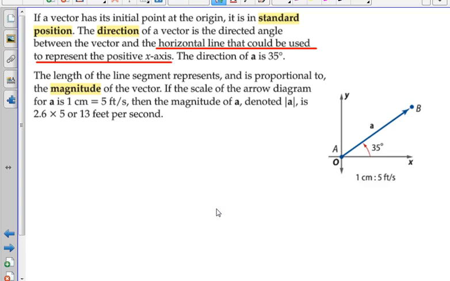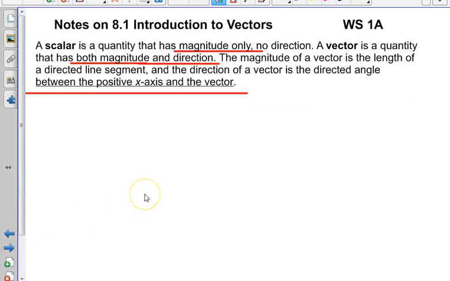I'm not going to assign them. You have to figure out what you're going to use for your scale and then draw your vector to that scale. So if you're going to use a centimeter is 5 feet per second, and I want you to draw 20 feet per second, you would draw it 4 centimeters long. Does that make sense, guys? But we're not going to draw them to scale. We're just going to label them and move on.